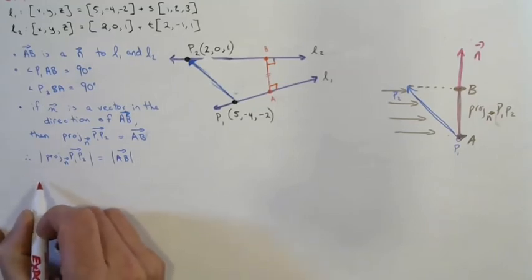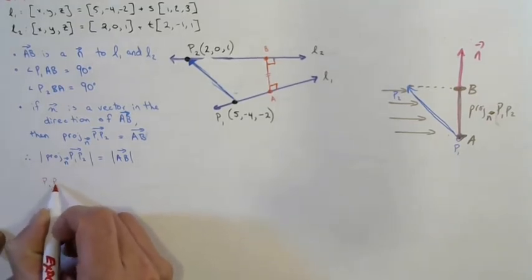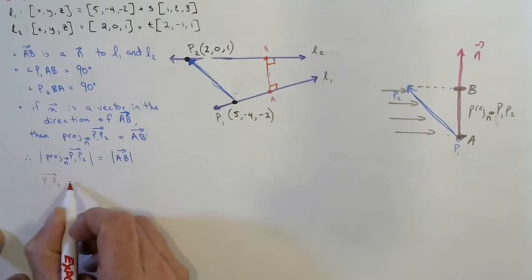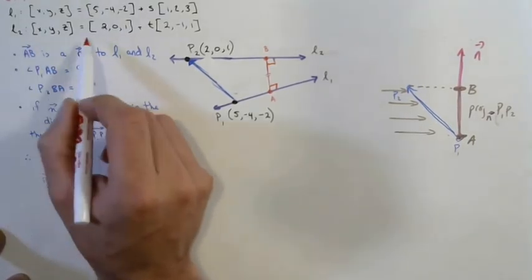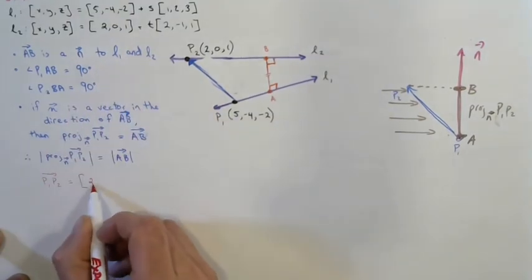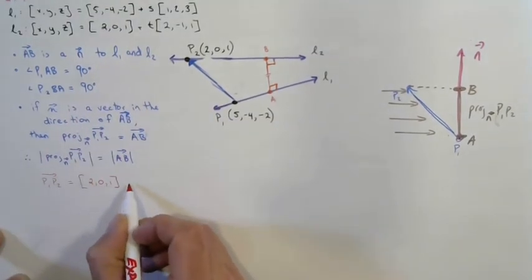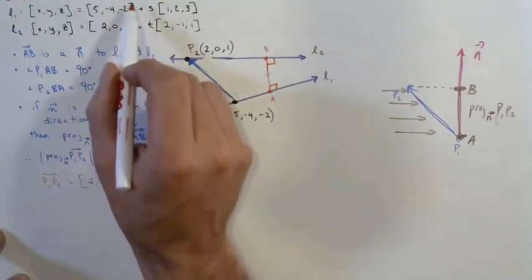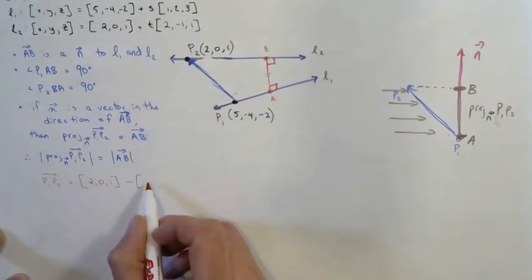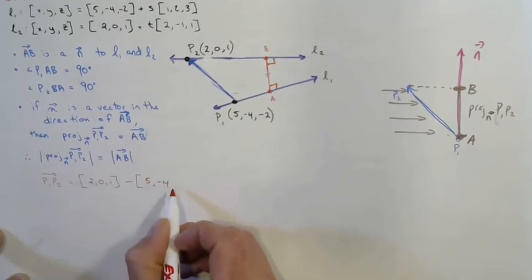So P1, P2 is equal to, I take the vector P2, which is our point that was on line 2, (2, 0, 1). I'm going to subtract our P1, which is the point that they gave us that is on line 1. We don't know where they are, but they're on there.